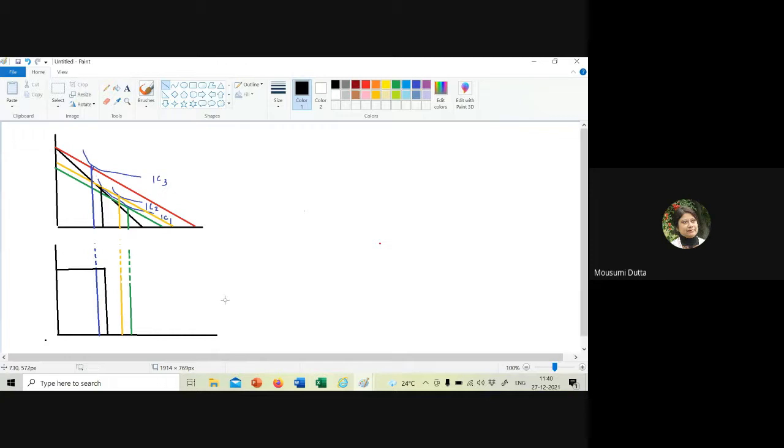Initial price, reduced price. Okay, so before drawing the diagrams, let me mark the points. Remember that this is a special type of inferior goods.